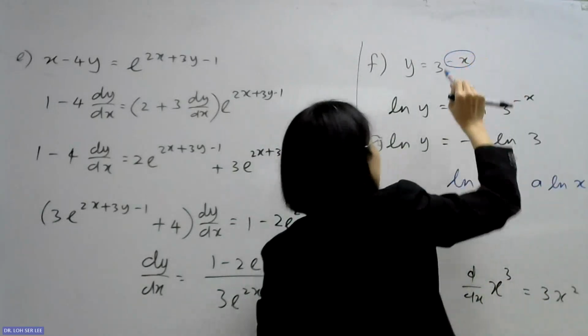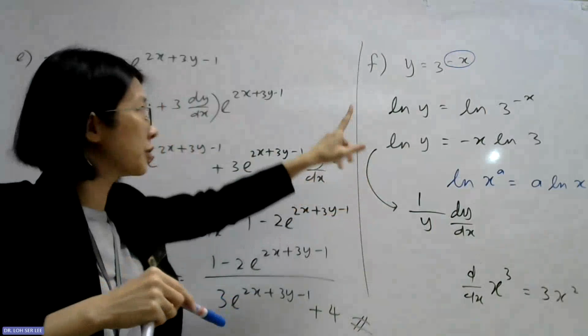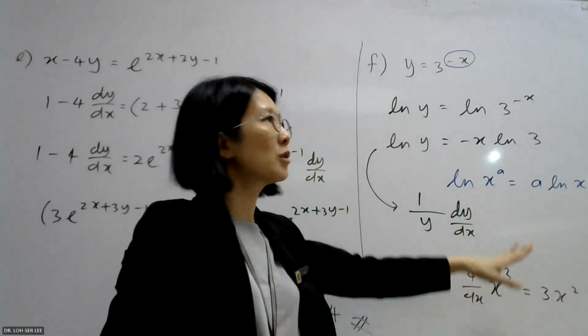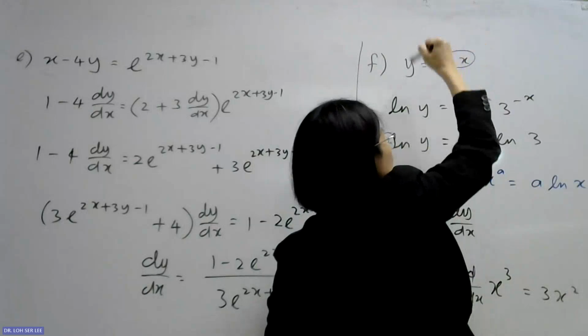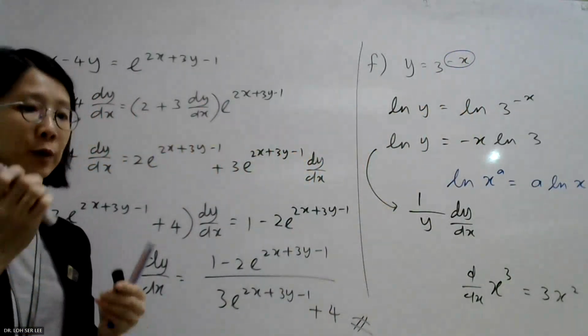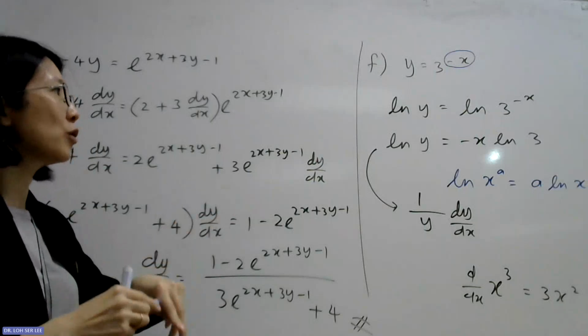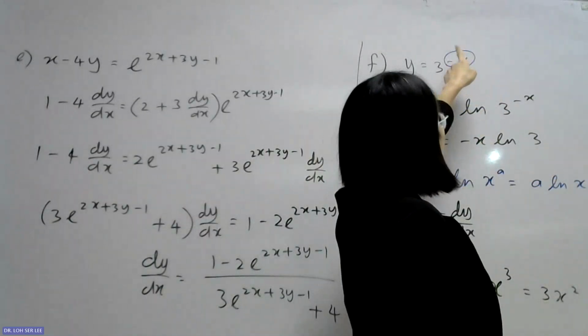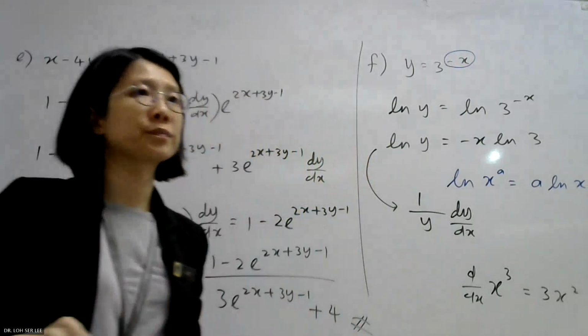This is a variable. So we have no way to differentiate directly like this. That's why we need to move the negative x to the front. That's why we need to apply the log function, to make use of the characteristic of log functions to break down the negative x.